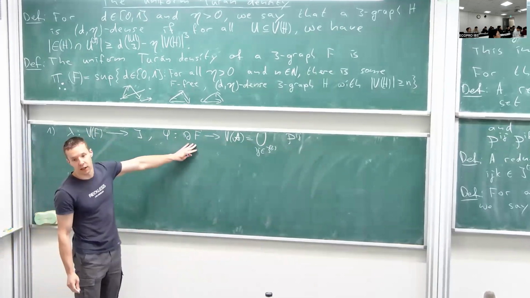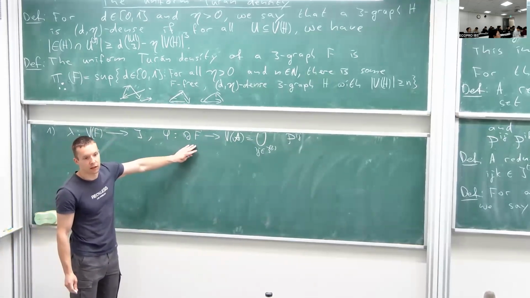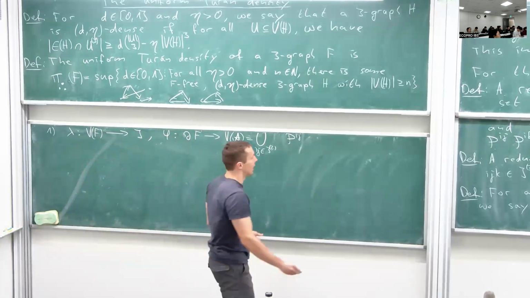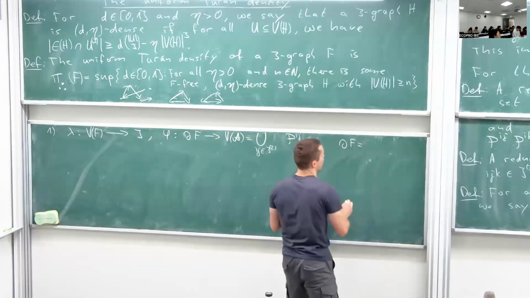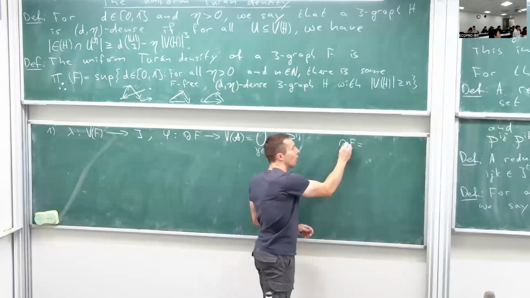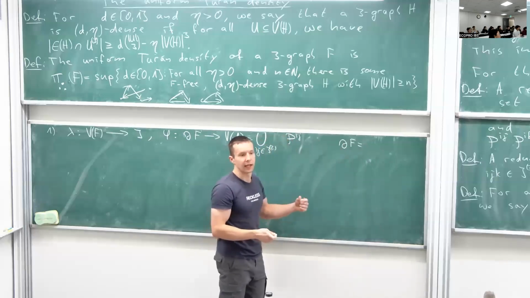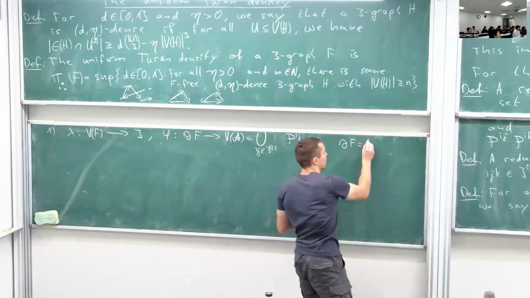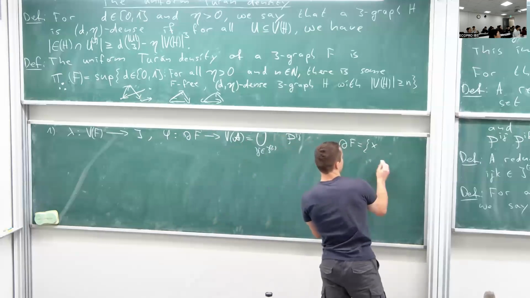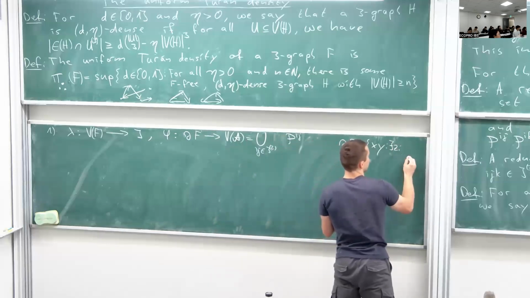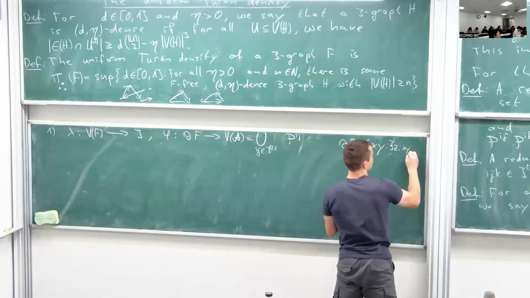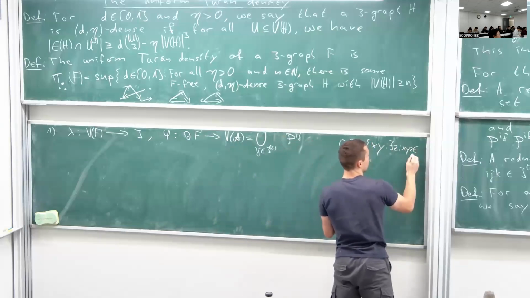Does everyone know what the shadow is? No. So the shadow of a 3-graph F are just all the pairs which are contained in an edge. So if this is a 3-graph, then it's the xy such that there exists z such that x, y, z is an edge.